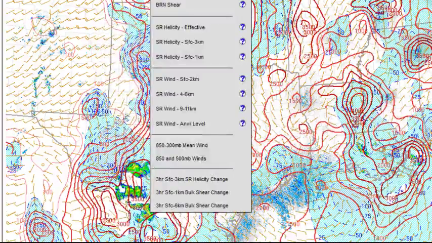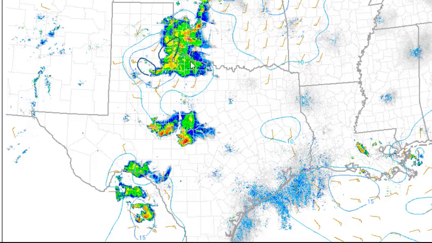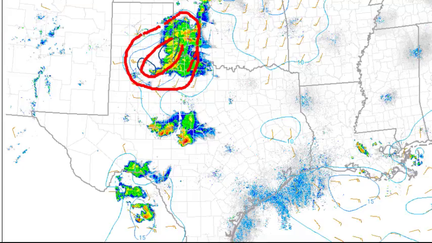We'll take a look at the shear parameters. Let's take a look at bulk shear, 0 through 1 kilometer. So we're looking at about 10 to 20 knots, and very likely this is being distorted a little bit by some of that outflow. So these elevated values may not be representative.